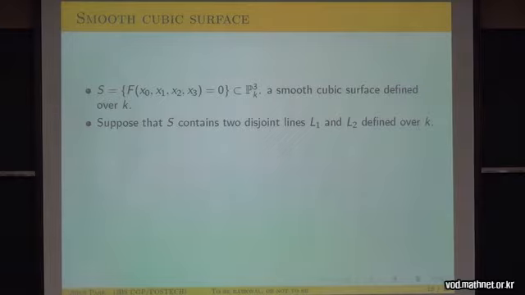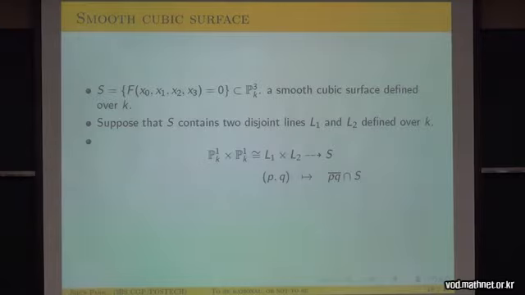Here is the method to deal with the 3 points at the same time. There is some way to fix 2 points. Here's the method: L1 times L2. L1 is the line which is isomorphic to P1, the one-dimensional projective space defined over K. So L1 cross L2.